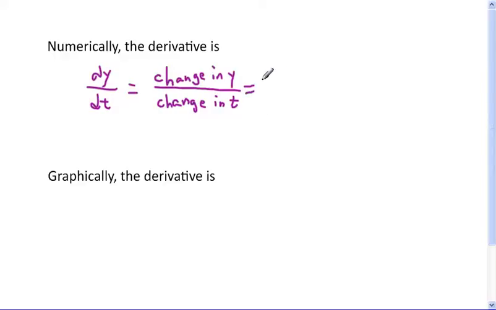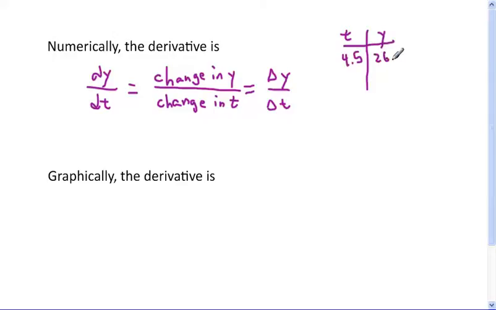Now usually what we do, instead of writing that out in words, is we use the delta notation, which you may be familiar with. Delta in math just means change in. So we want delta y divided by delta t. So in other words, if you wanted to know the derivative of y at time 4.5, say, then what you would do is you would see what y is at 4.5.